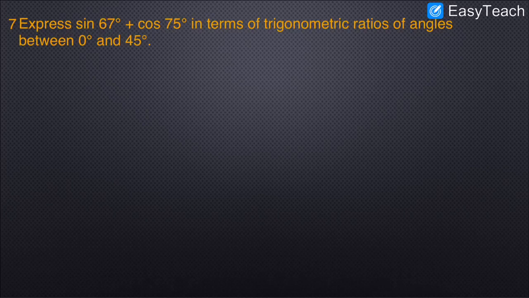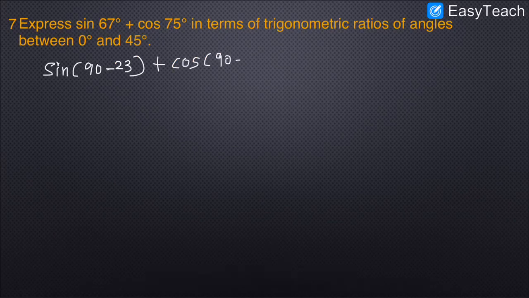Yes, we are going to use the complementary angles. So, sine 67 degree, I write sine 90 minus 23. Same, cos 75, I write cos 90 minus 15. So, I just split the number only. 67 we can write as 90 minus 23. 75 we can write as 90 minus 15.